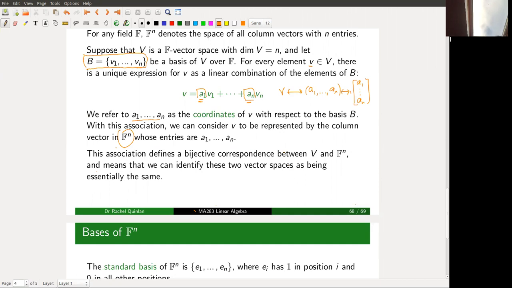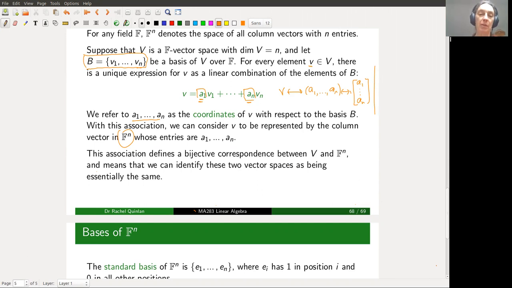So really what we're saying is that for any vector space of dimension n, so it might be a space of polynomials or matrices or skew symmetric matrices or whatever it is, once you have a basis in mind for it, then every element of the space, no matter how abstract they are or how they're defined, can be associated with just a column vector with n entries. So we have this correspondence between any vector space of dimension n and this vector space consisting of columns with n entries.